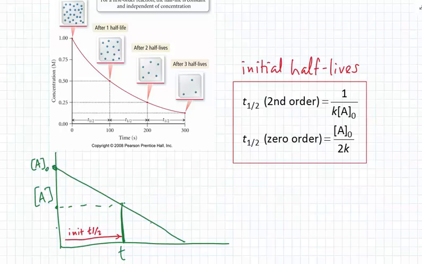Now, let's go half of that. What has happened to the second half-life? It hasn't quite cut in half. It's decreased, though. And then, subsequent to that, for zero order, T1/2 decreases.